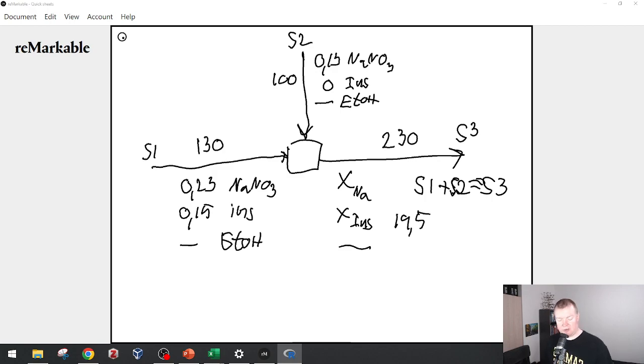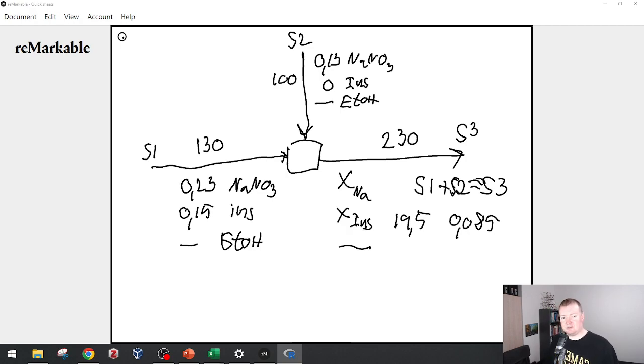And if I want to know the percentage, I take 19.5 and I divide it by the total mass. So I take 19.5 divided by 230. If I do that, I get approximately 0.085 if we round off. So that was my insulin.